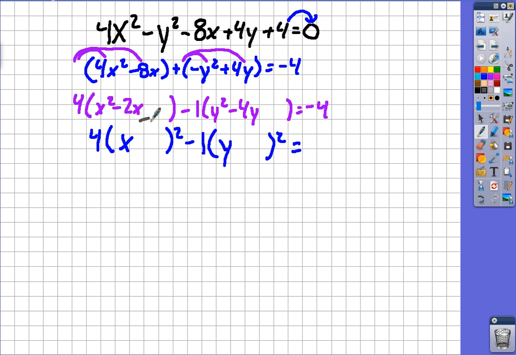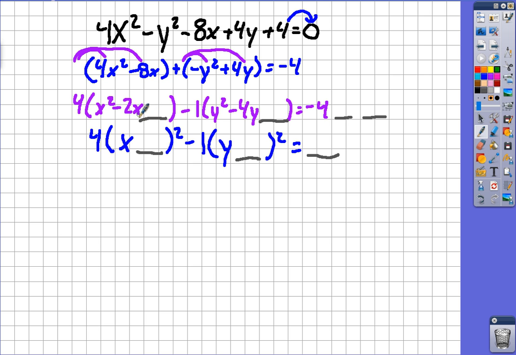We need to figure out what number goes here so that we can get the perfect factor of this perfect square. The same thing here. We've got to figure out what number goes there to make that the perfect square so that this can become its factor. And then when we put those two things in, we're going to compensate for that here. And then we add all those numbers together right there.